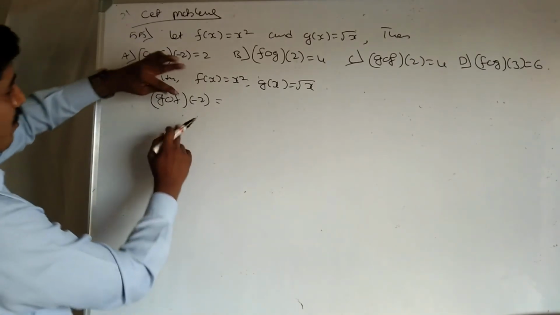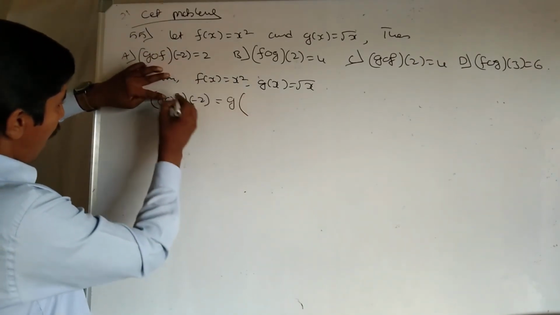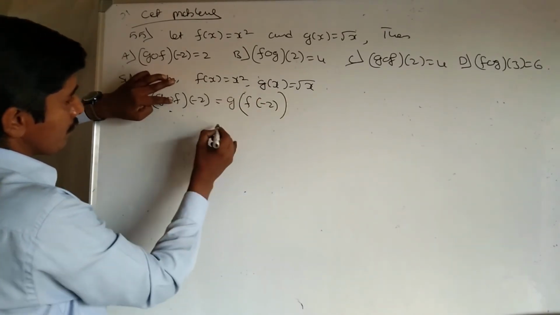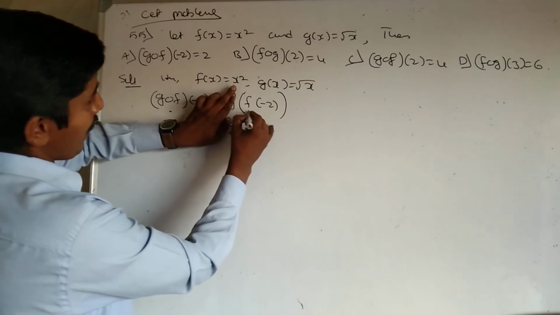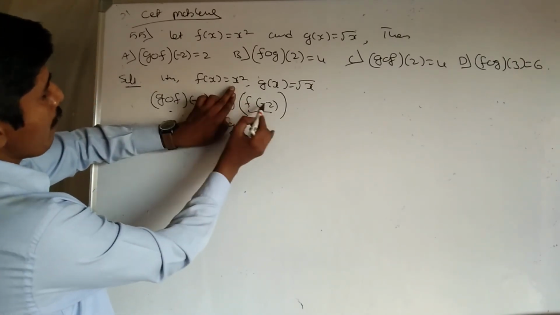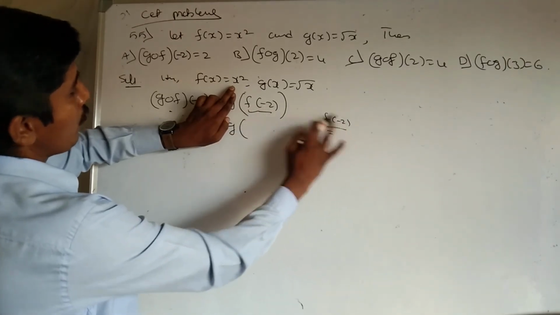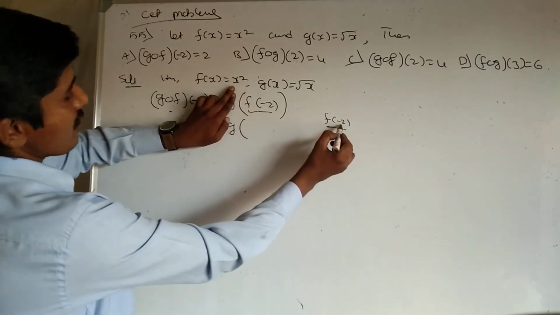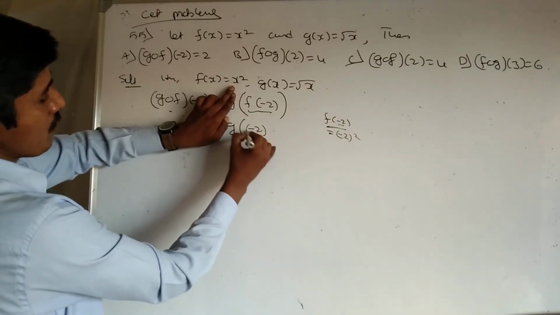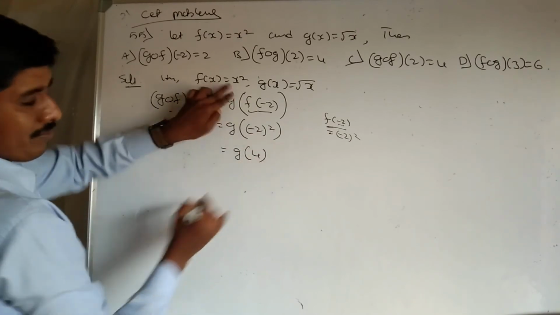We know that g o f of minus 2 is defined as g of f of minus 2. Here we have f of x equal to x square. Replace x by minus 2. F of minus 2 equals minus 2 whole square, which is 4.